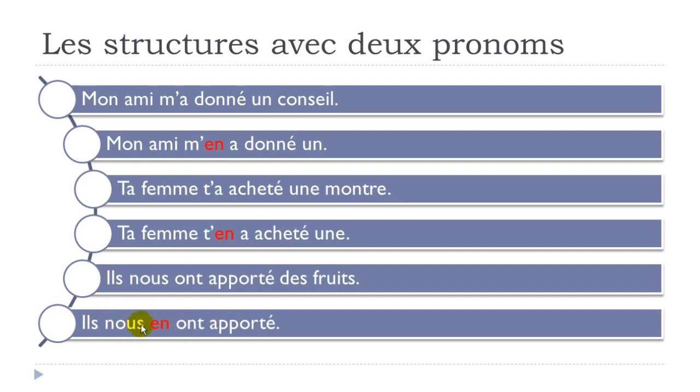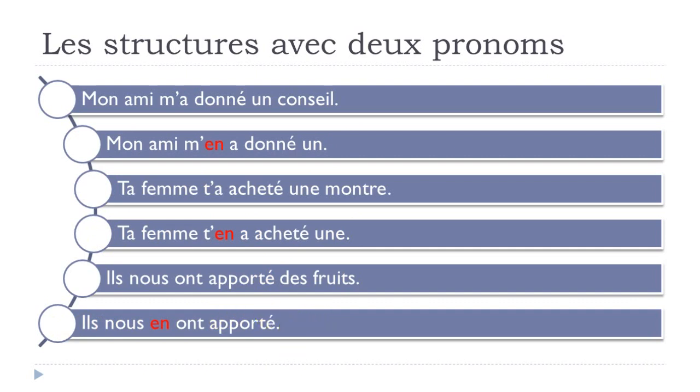So nous first, then en, and after that you put your verb. Same rule here. It's composed, so you've got two parts, but still it's only one verb. So let's read it. Ils nous ont, beautiful liaison here, ont apporté, so the full thing goes like, ils nous en ont apporté. Let's read it one more time. Mon ami m'en a donné un, ta femme t'en a acheté une, ils nous en ont apporté.